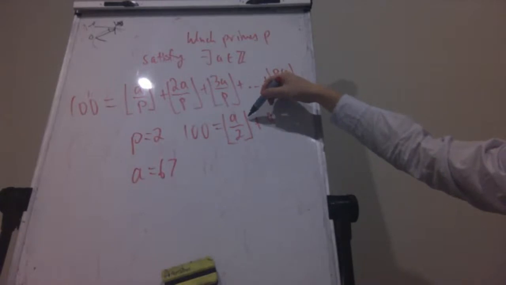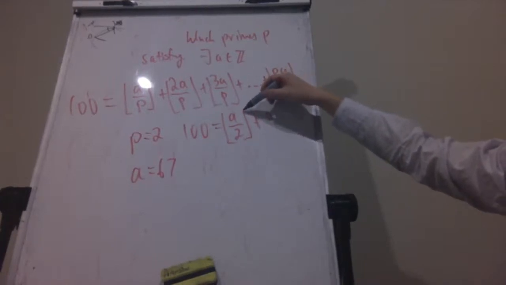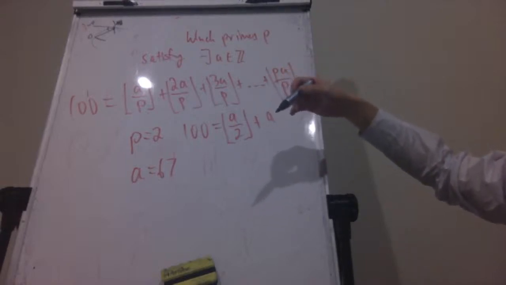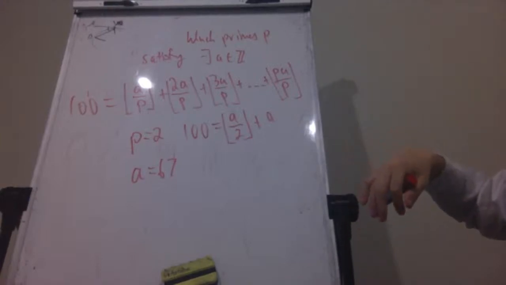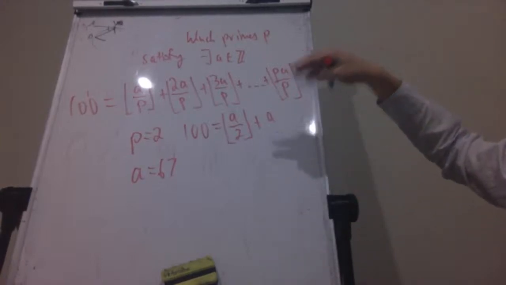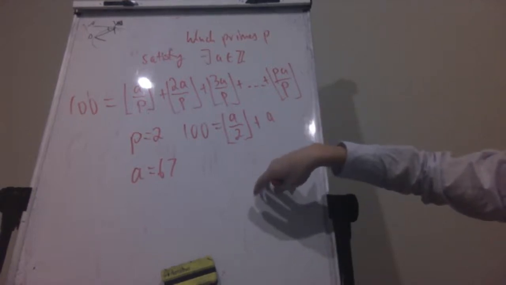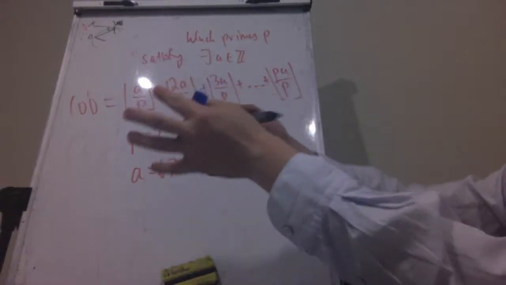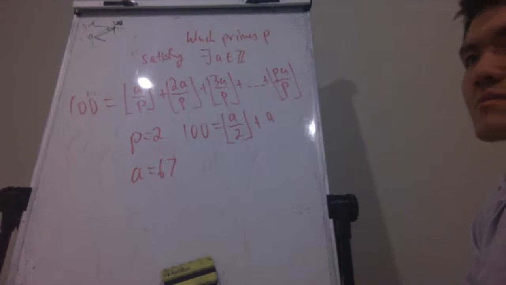Wait, do you know what this symbol means? Oh, sorry, yeah, this means you always round it down to the integer. It's not even rounded down, you always cut off the non-integer part. So 3.33 becomes 3, 3.98 becomes 3.